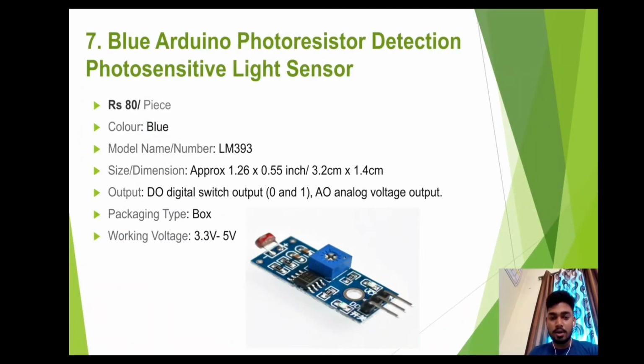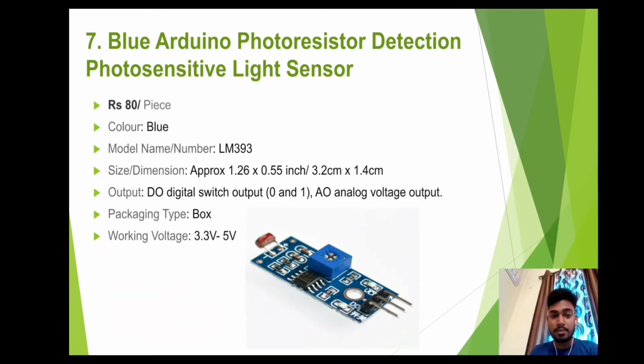The PCB based light sensor is known as the blue Arduino photoresistor detection module, another photosensitive light sensor. The price of this sensor is very low, 80 rupees per piece. As compared to other sensors, it is very cheap. The color is blue and depends on the PCB color.